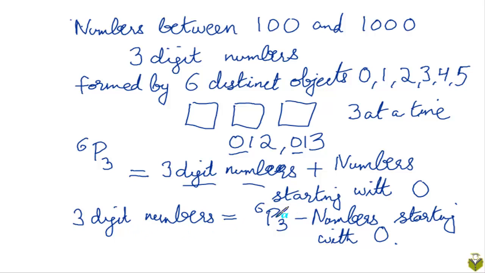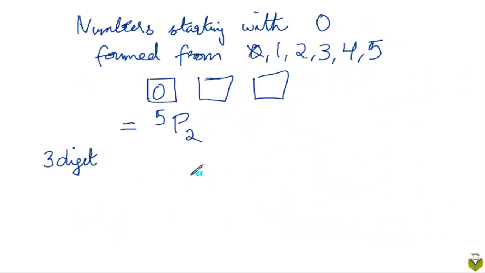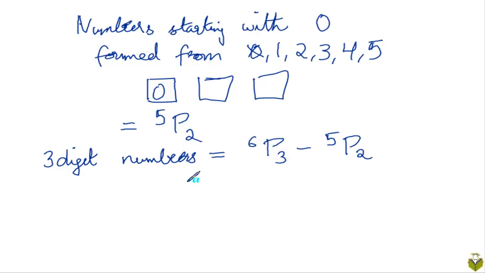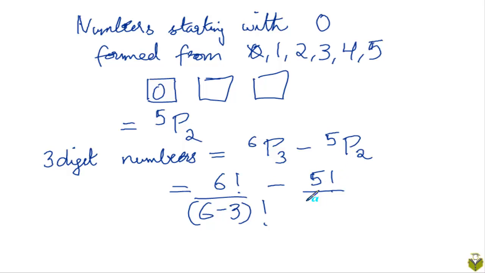So if you look at what I wrote before, 3-digit numbers is equal to 6P3 minus numbers starting with 0. So basically you have 3-digit numbers equal to 6P3 minus 5P2, right? So you should be able to compute it very quickly now. I'll just write everything: 6 factorial divided by (6 minus 3) factorial minus 5 factorial divided by (5 minus 2) factorial.